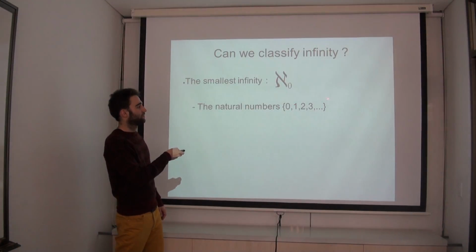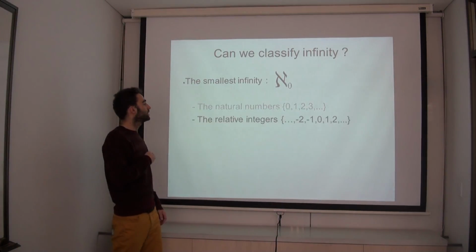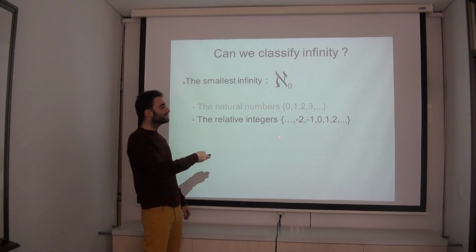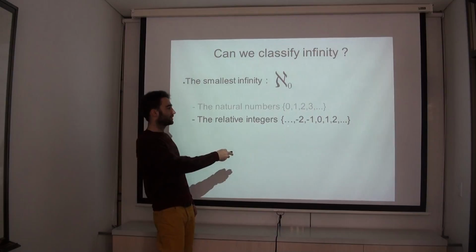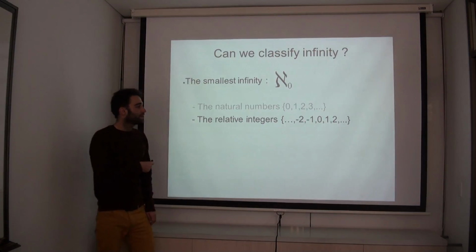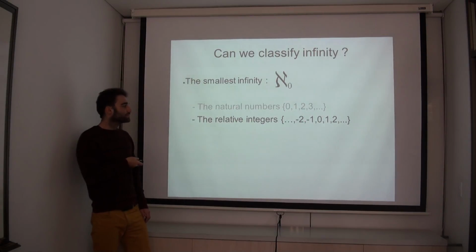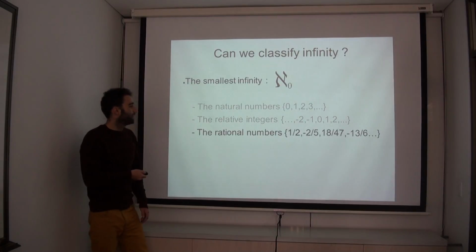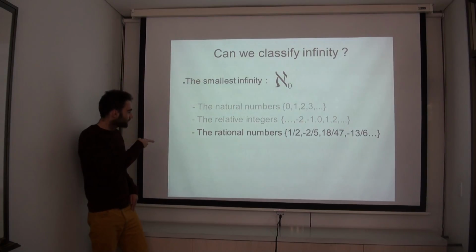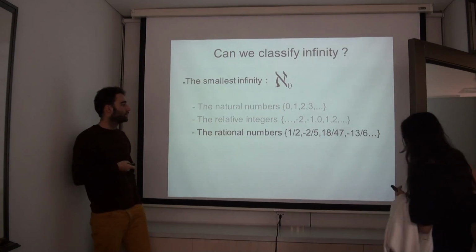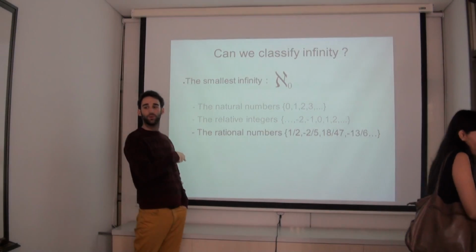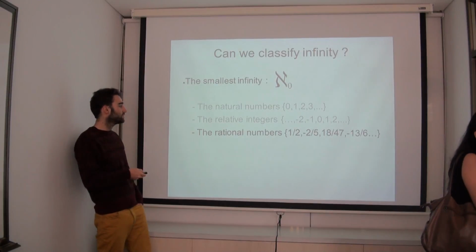That's the size of the natural numbers, 0, 1, 2, 3. It is indeed the size of the relative integers, the ones that you can put a minus in front of, and then you get all of them. You can also know that that's the size of the rational numbers. That's the first theorem I gave you earlier, all the fractions.